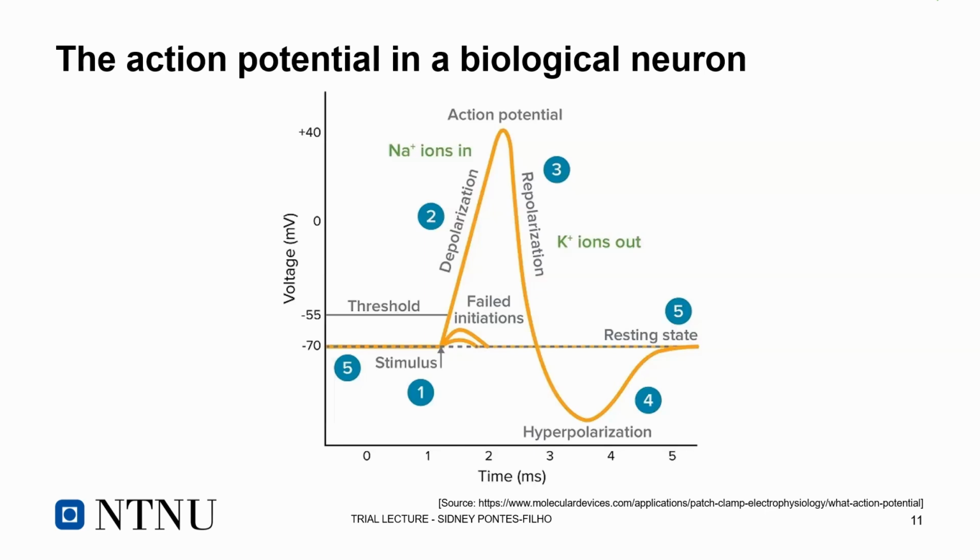And then after a while, the pump works to bring everything back to the resting membrane potential, which is around minus 70 millivolts. So there is this work with the sodium channels and potassium channels to trigger these spikes and communicate to the other neurons as well.